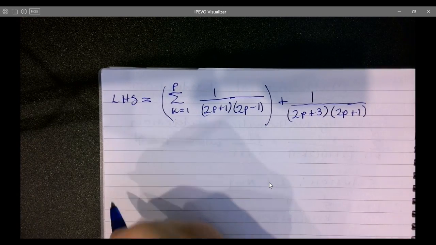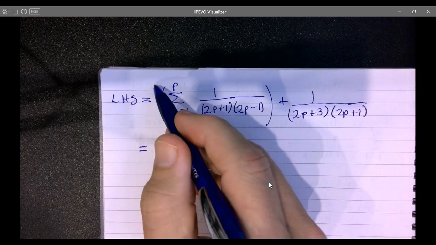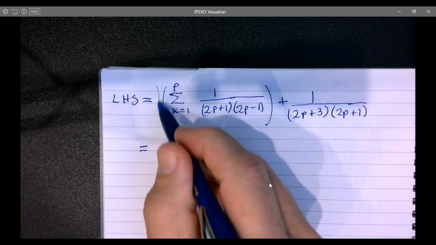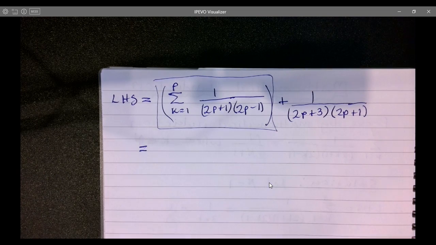Now from our assumption, this part here, which is the reason I put it in brackets, we can use our assumption on this.